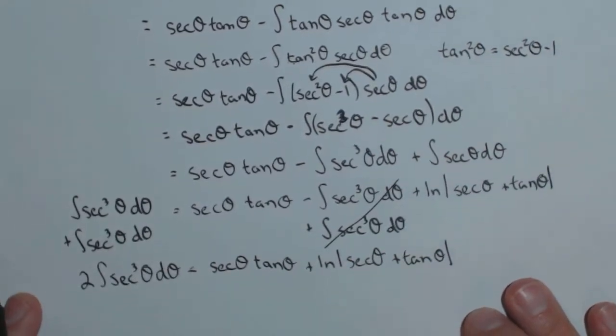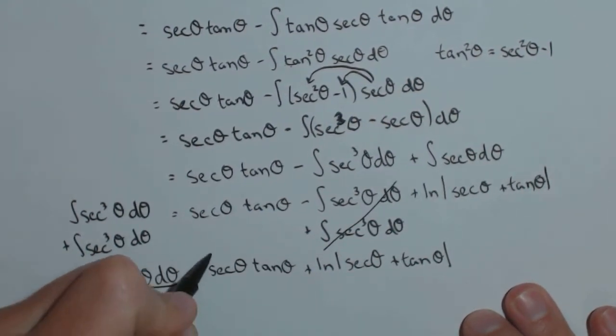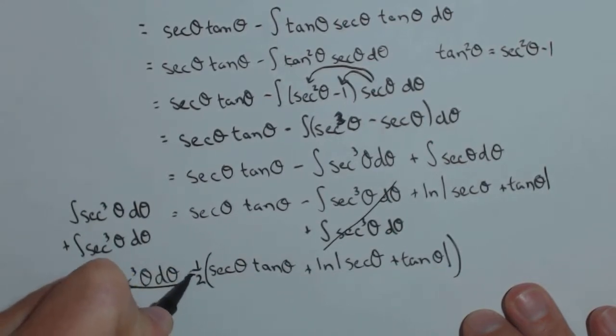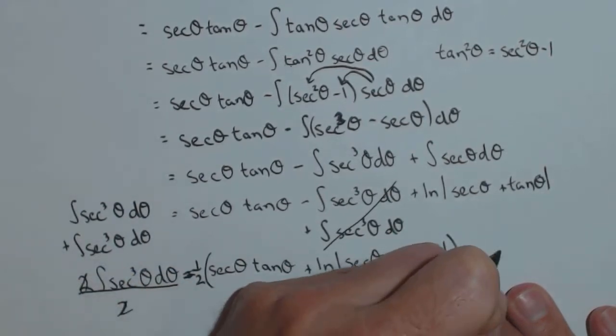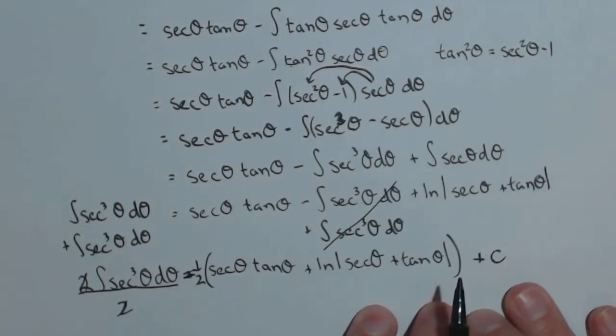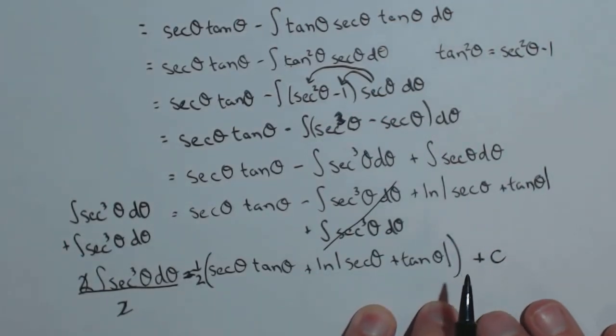And the last thing I have to do is divide both sides by 2, or multiply by 1/2. So dividing by 2, let's just take this side and multiply it by 1/2, and we'll get our plus c on the end, and there we have the antiderivative of secant cubed.